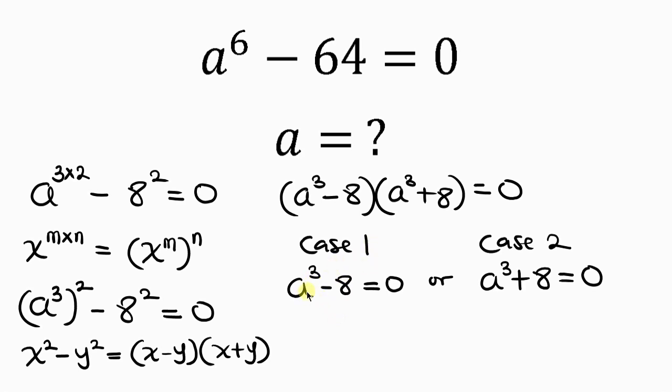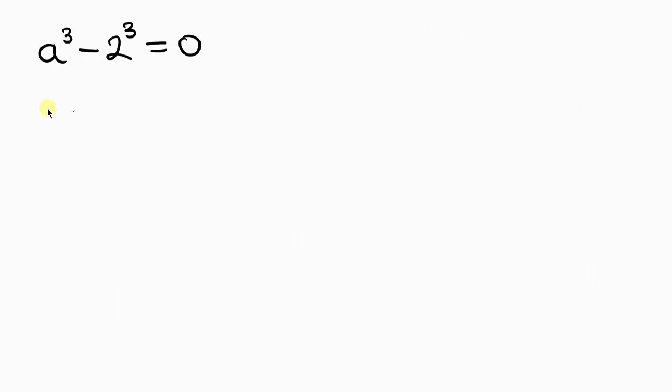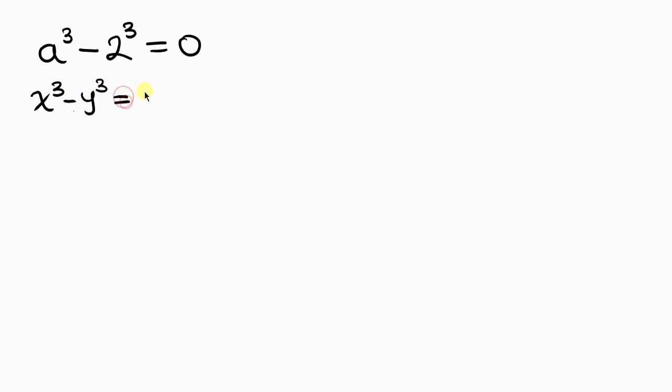So for case 1, this is a cubed minus 8 is same as 2 to the 3, and this is equal to 0. So now notice that we have difference of two cubes. And for any difference of two cubes, for example, when we have x cubed minus y cubed, this can be expressed as x minus y times x squared plus xy plus y squared.